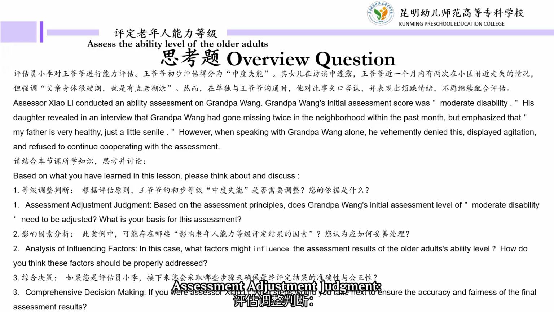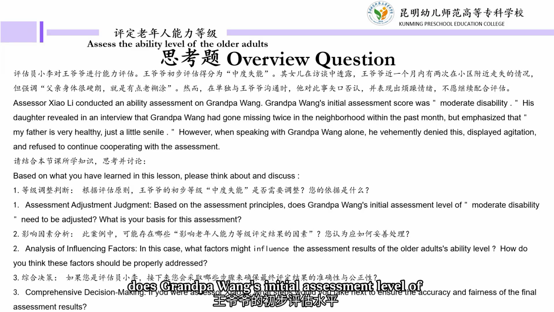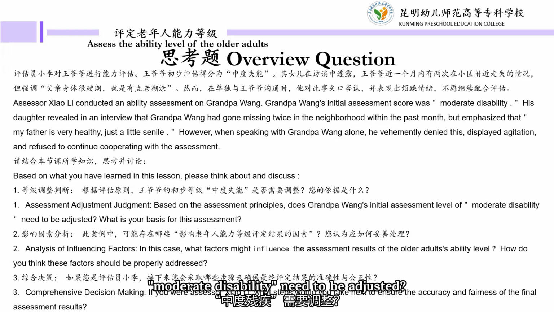First, assessment adjustment, judgment based on the assessment principles. Does Grandpa Wang's initial assessment level of moderate disability need to be adjusted? What is your basis for this assessment? Second, analysis of influencing factors.